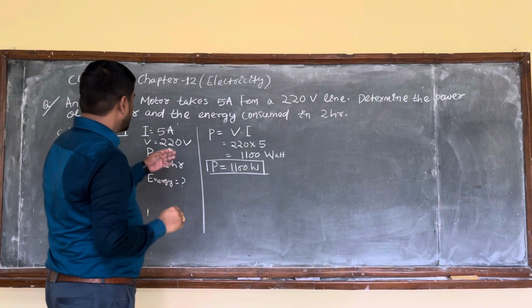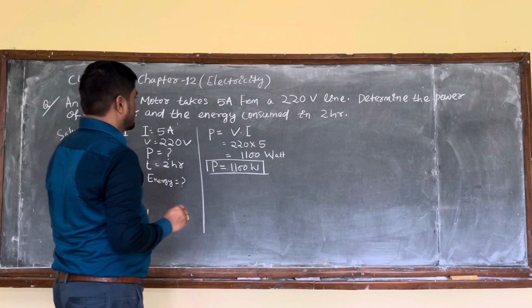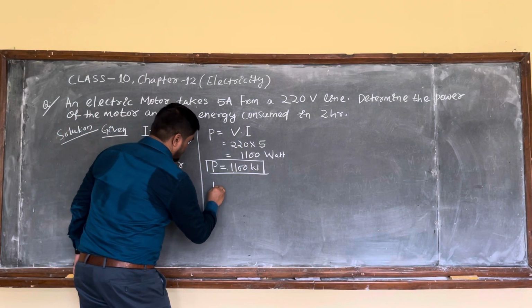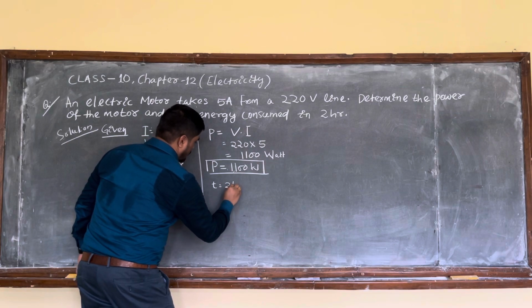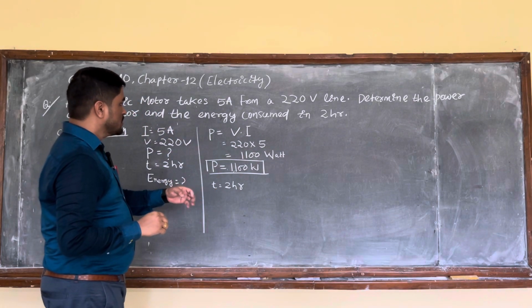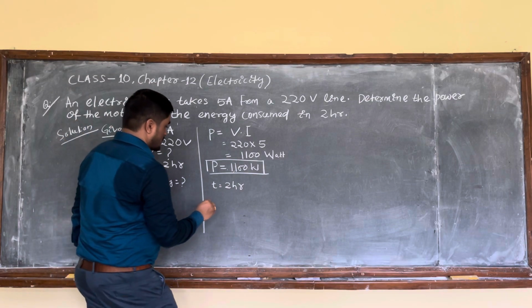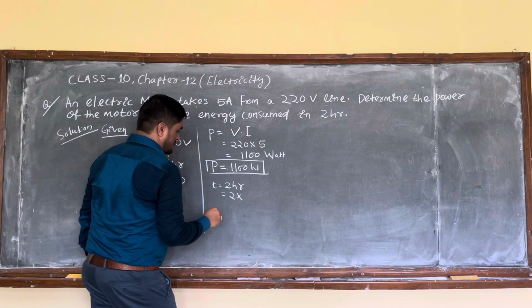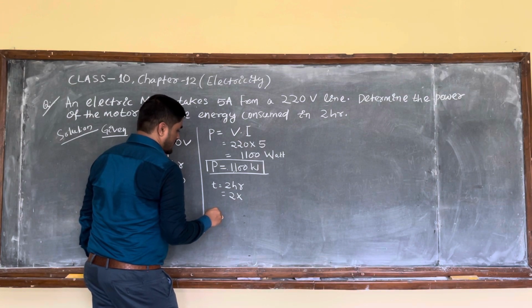And again you have to find out the energy consumed in 2 hours. So time given is 2 hours and you have to convert the time into seconds. So that is 2 into 1 hour, which is 3600 seconds.